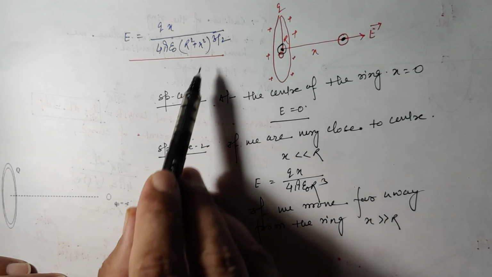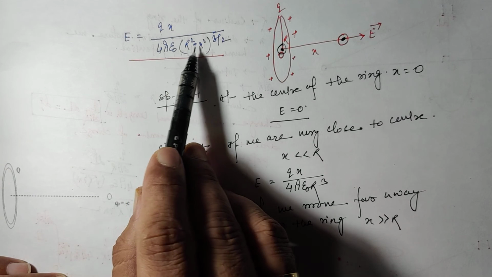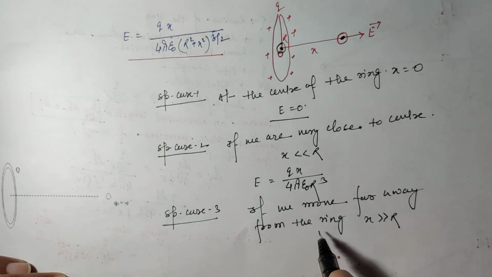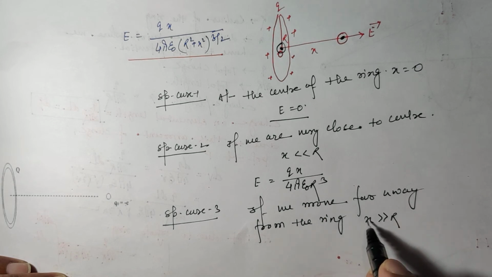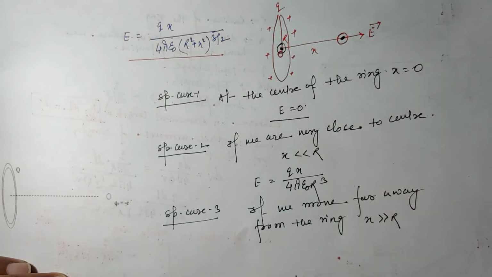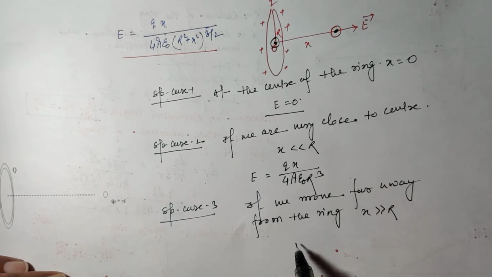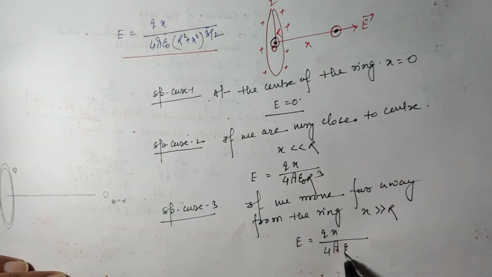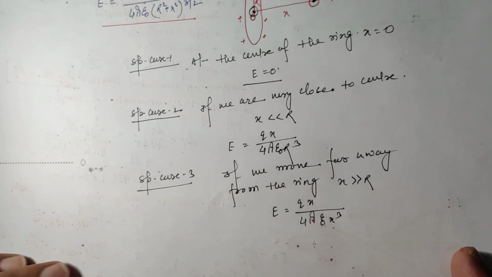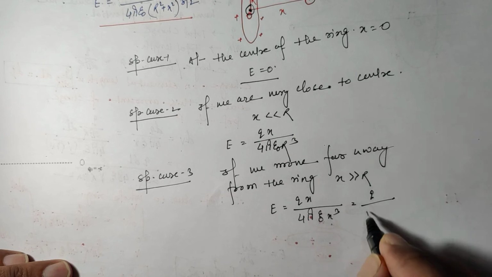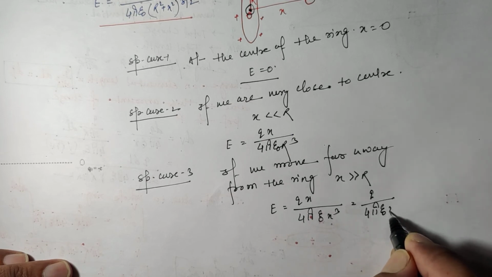So now we are going to neglect R. Neglecting R, what do we get? E is equal to qx by 4 pi epsilon naught into x cube. So cancelling one x from numerator and denominator, we get q by 4 pi epsilon naught into x square.